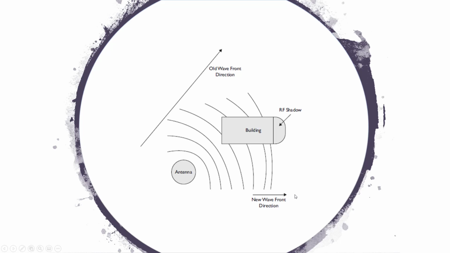This one bends the signal by hitting the corner. Then the wavefront starts changing its direction, causing an RF shadow. This is pretty common in an indoor environment, where even in your house you can find several such sharp corners where RF waves can hit and start changing direction.